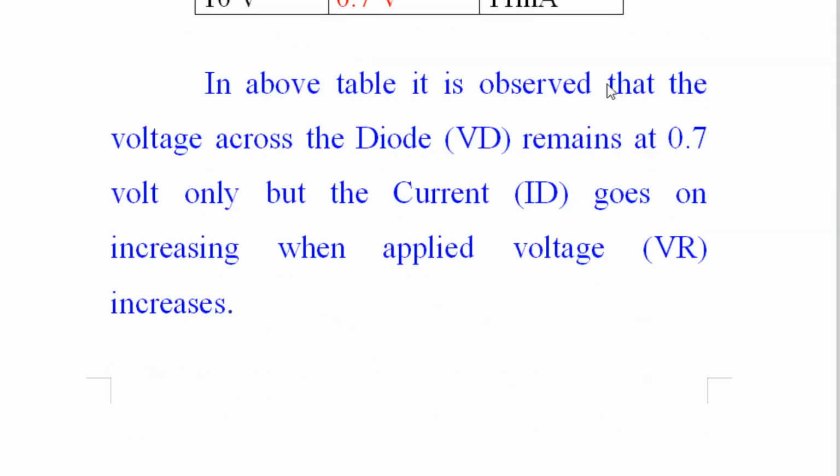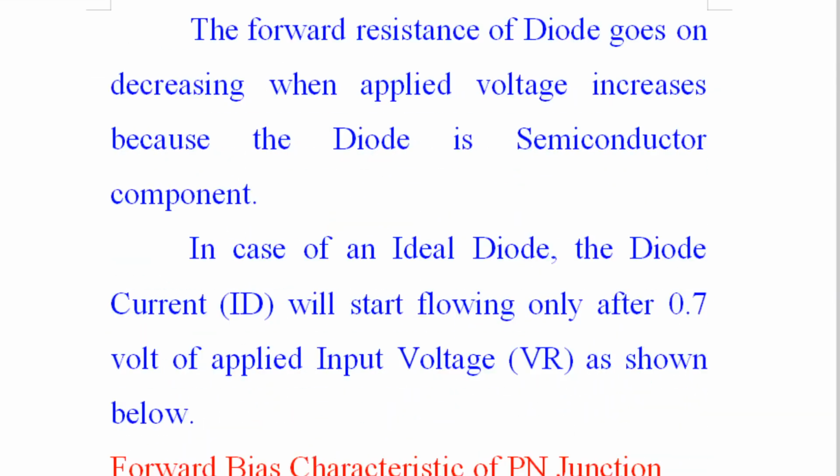So in the above table it is observed that the voltage across the diode, VD, remains 0.7 volt, but the current ID goes on increasing when the applied voltage VR increases. So this is a very simple forward bias characteristic. The forward resistance of the diode goes on decreasing.